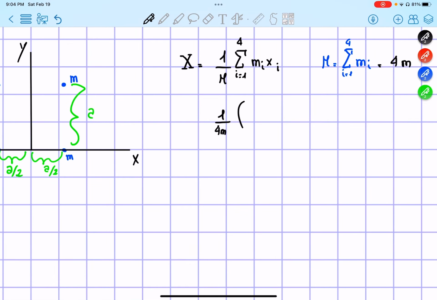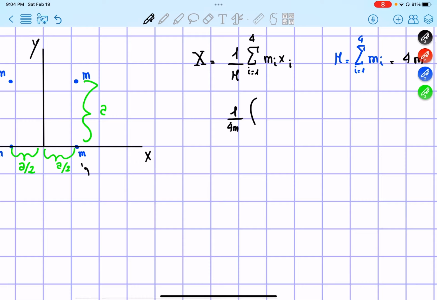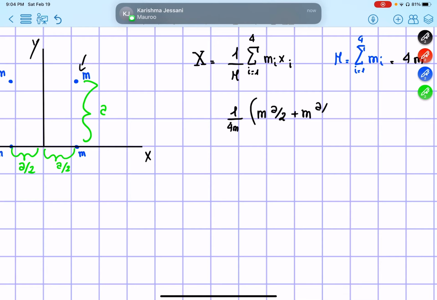So the first mass, we're going to take this mass over here. The mass of this particle is m, and the distance from the center of the x-axis is a over 2, so times a over 2. Plus, we're going to look at this mass right here. The mass is m, and the distance from the y-axis is a over 2.